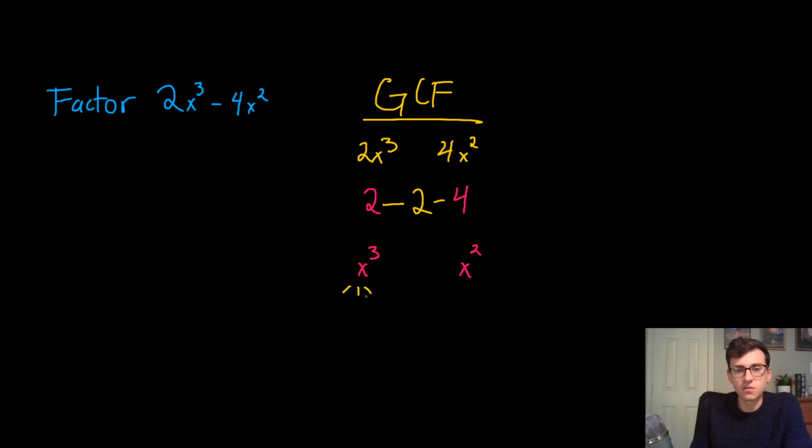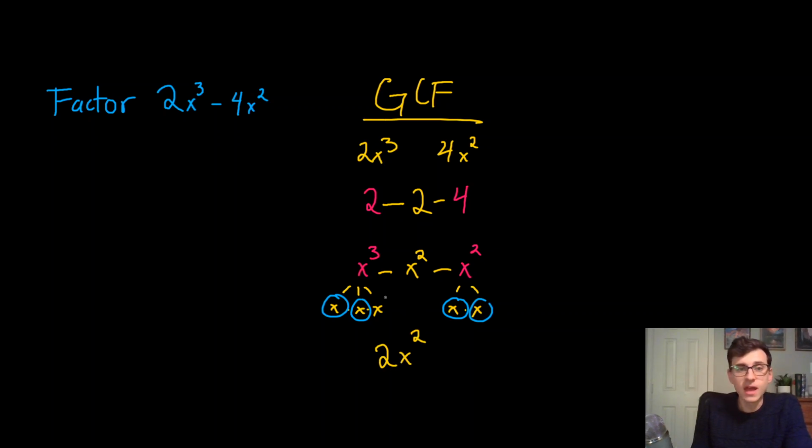Well, how many x's do I have in common here? x cubed is x times x times x. x squared is x times x. So we've got 1, 2 here, 1, 2 here. So the greatest common factor between x cubed and x squared is x squared, right? 2 x's make up both of these. So then the GCF would be 2x squared.